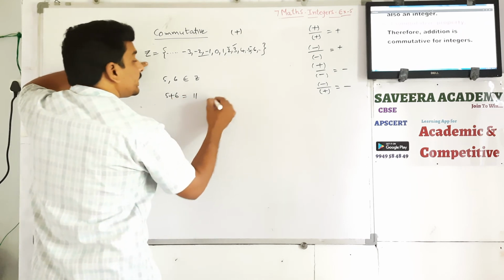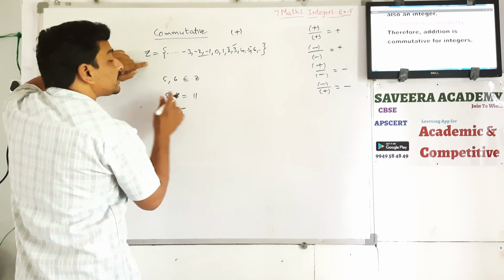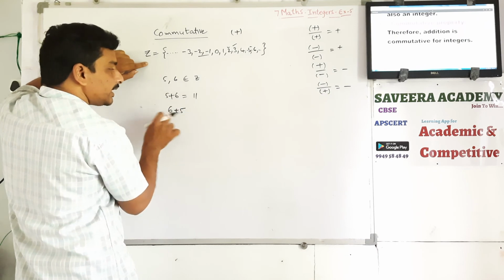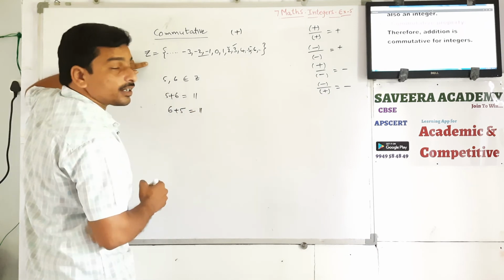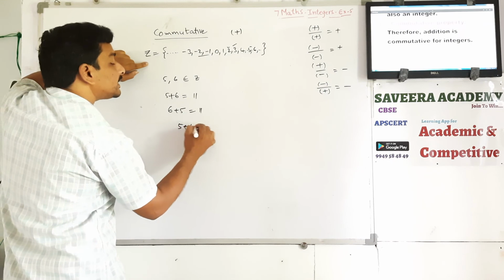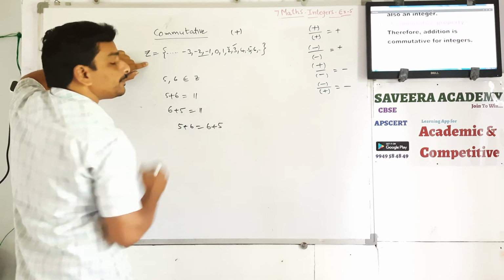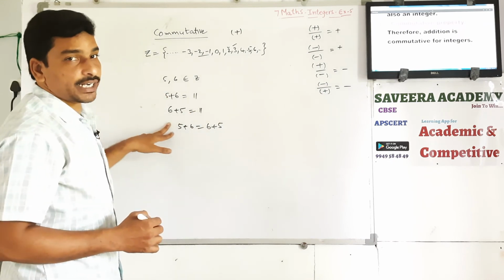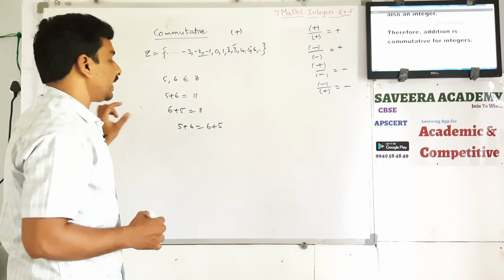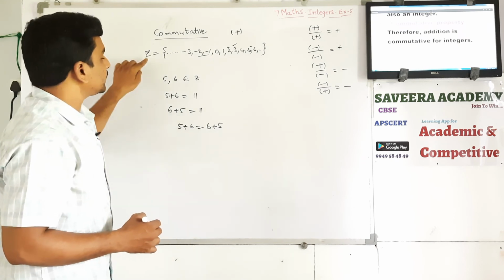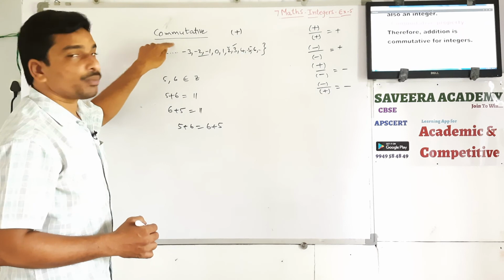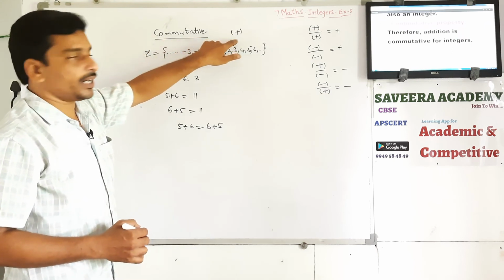And again find 6 plus 5. I changed the order, and I got the same answer. Therefore, 5 plus 6 is equal to 6 plus 5. Hence, we say that the set Z follows commutative property under addition.